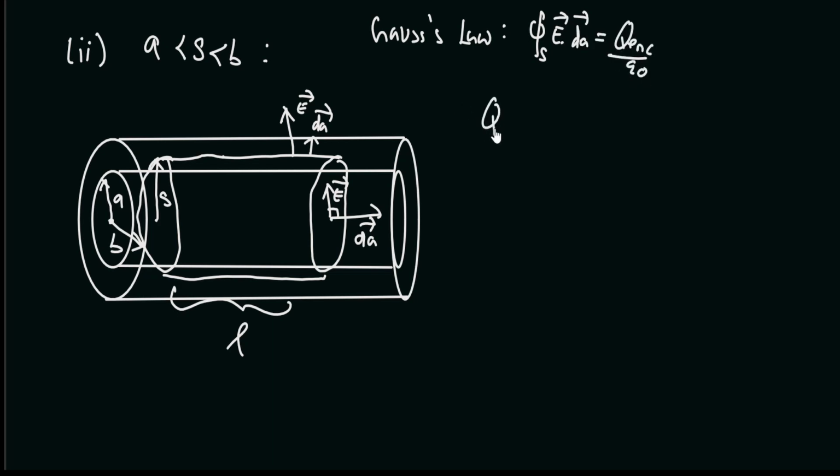And again, like the last case, we'll find out the charge enclosed. Now this time, since we know that the charges are distributed on the surface of the outer cylinder and within the volume of the inner cylinder, there is no charge in between the cylinders. All the charge is distributed in the volume of the inner cylinder of radius A. So in this case, we'll multiply the volume charge density ρ with the volume of the inner cylinder pi A square L. So this will be our charge enclosed.